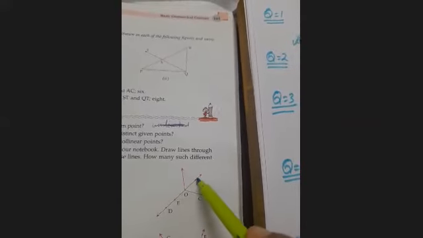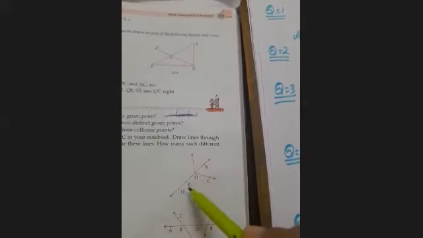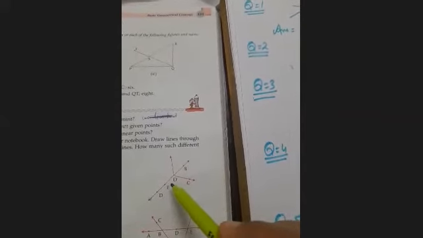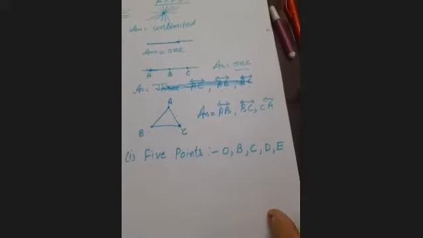This is point O, B, C, D, and E. Your question is, use the adjoining figure to name 5 points. So these are our 5 points.